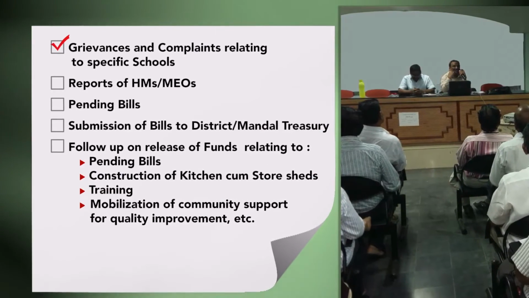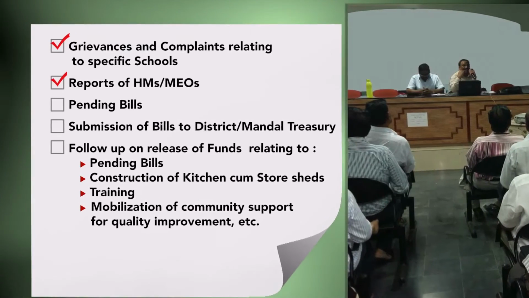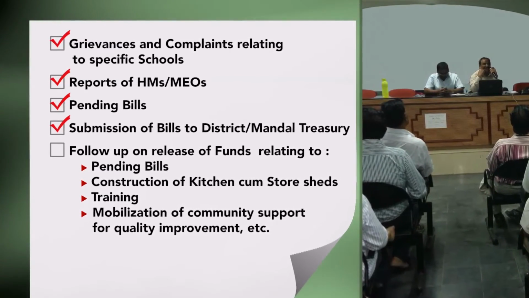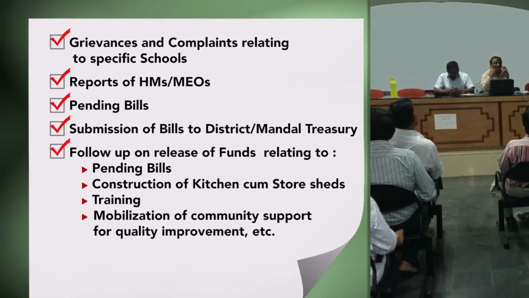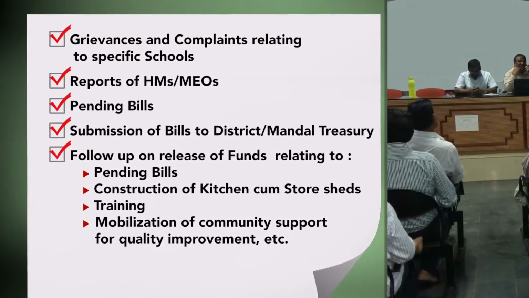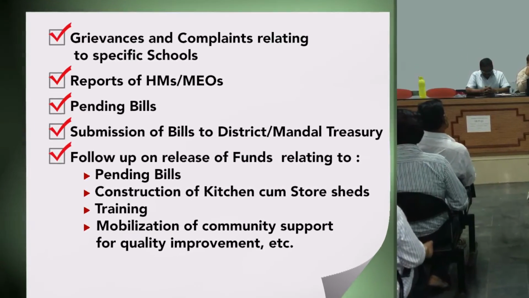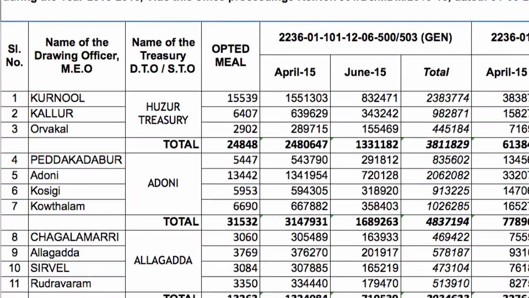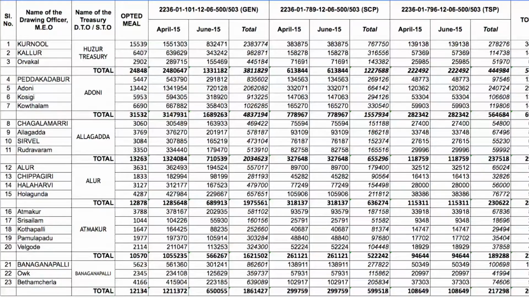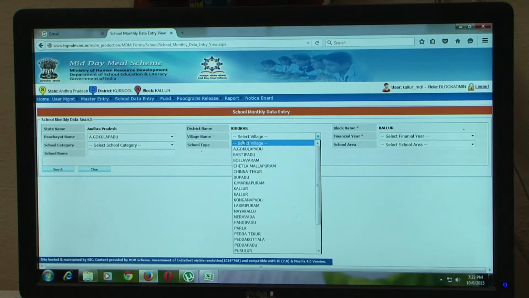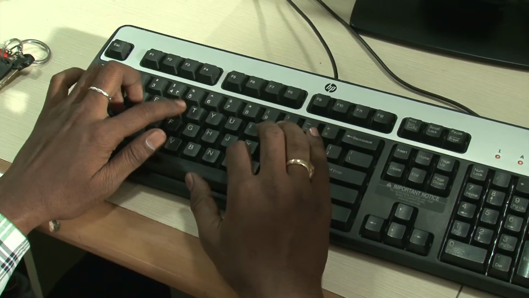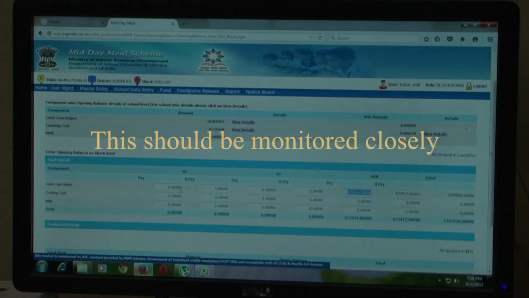Grievances and complaints relating to specific schools, reports of HMs or MEOs, pending bills, submission of bills to district or mandal treasury, follow-up on release of funds relating to pending bills, construction of kitchen-cum-store sheds, training, mobilization of community support for quality improvement, etc. At the end of each month, all relevant information pertaining to MDM program at school, mandal and district level should be entered into Government of India MDM MIS web portal and on Commissioner School Education MDM web portal. This should be monitored closely.